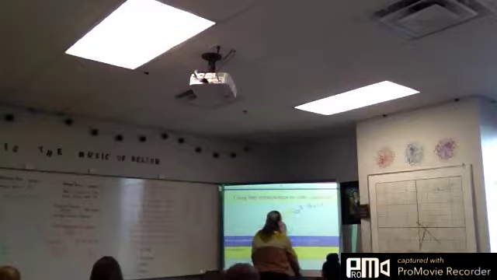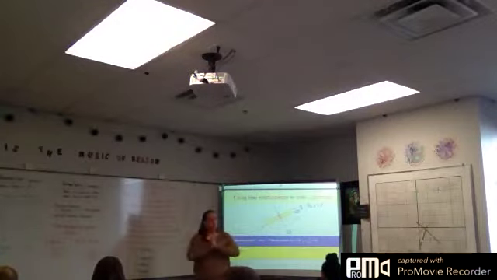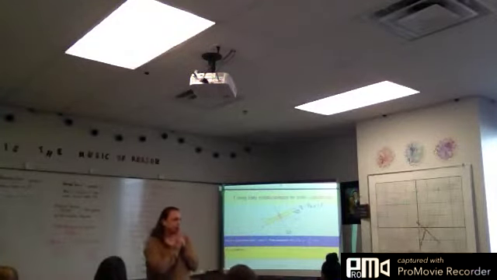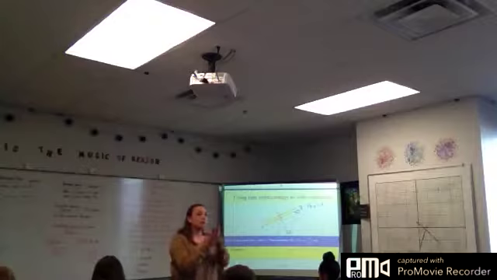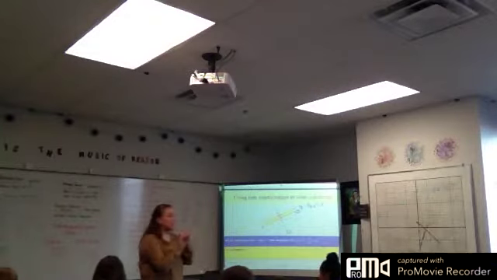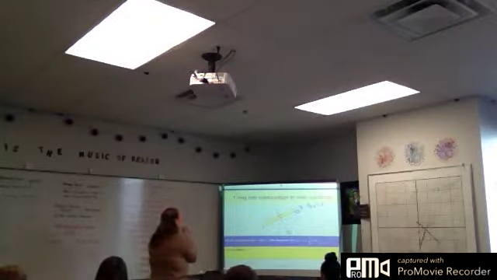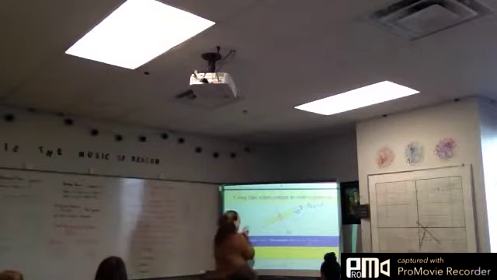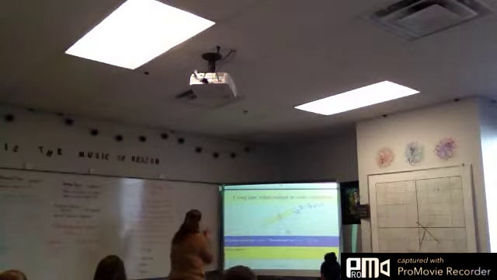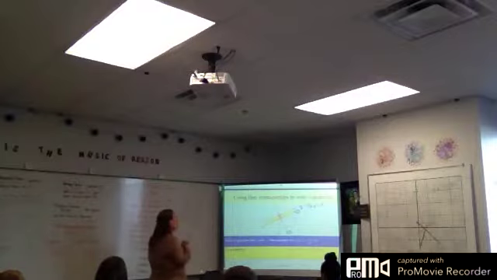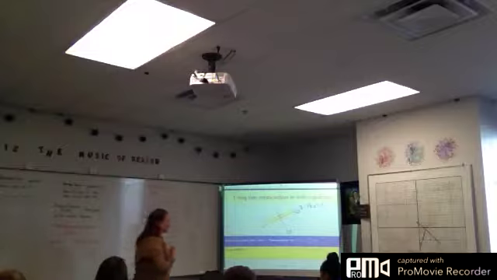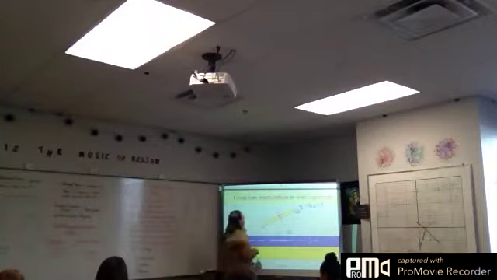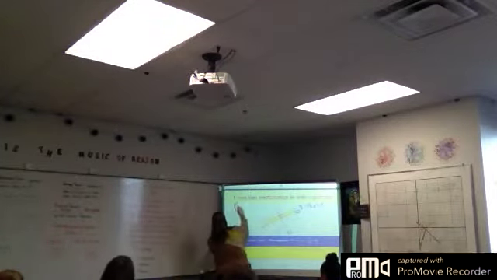Let's start with finding an equation for B. What do I know about B compared to A? They're parallel. So what does my equation have to include? Slope. What type of slope? The same. So it's going to be y equals 1/2. The other way I can create this equation for B is point slope form.